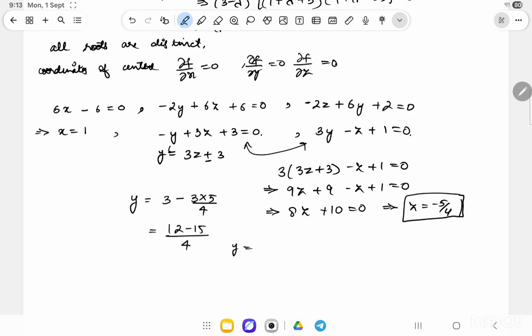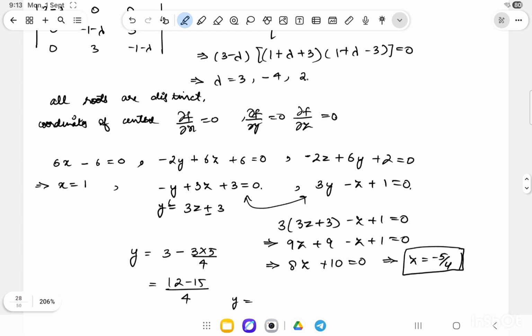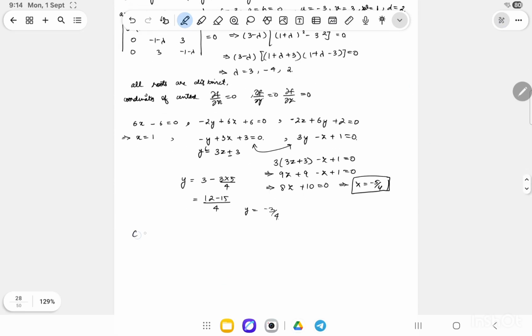So my y is minus 3 by 4. So my center is basically 1 comma minus 3 by 4 comma minus 5 by 4.